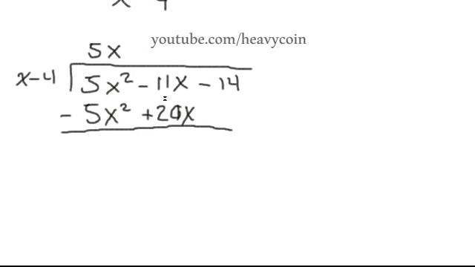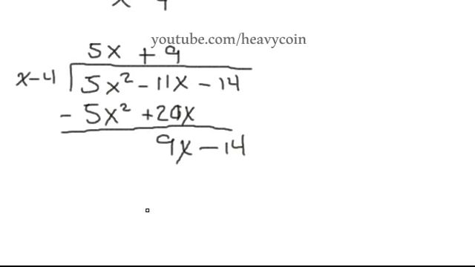And so now we're going to end up with, that of course is 0, and that difference is going to be 9x minus 14. X goes into 9x, and that's going to be a plus 9.